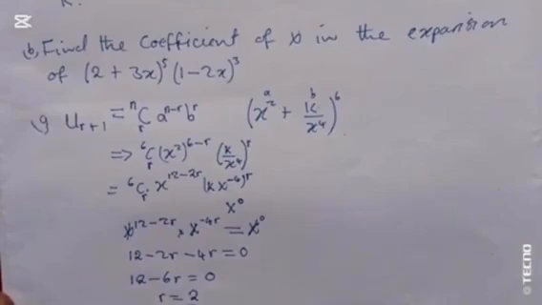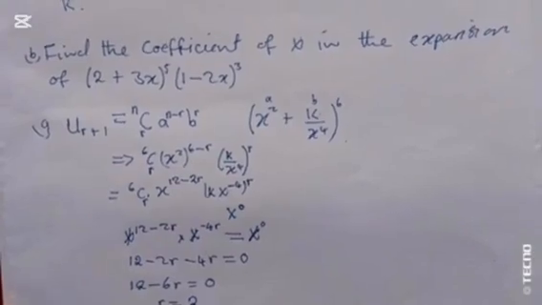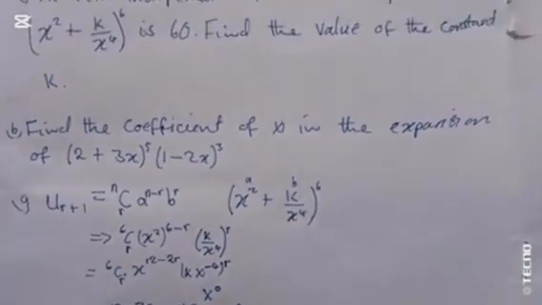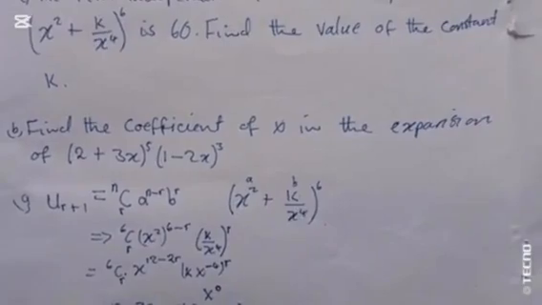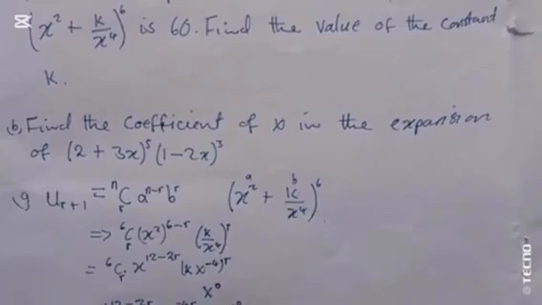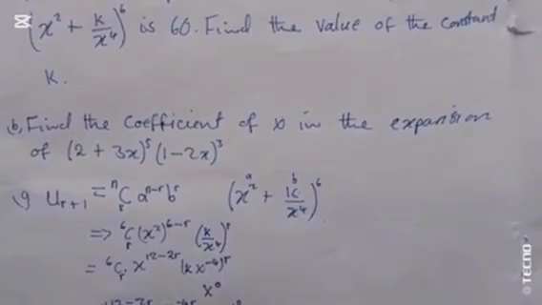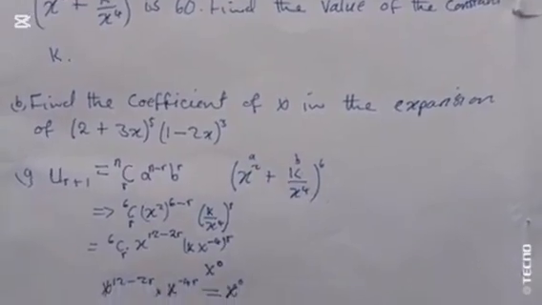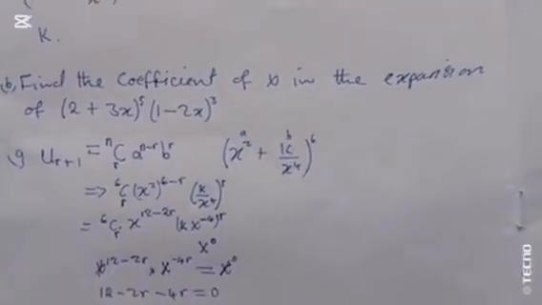And remember, this is not our answer. The answer that we have been asked is to find the constant value of k, this k. But here we've found that our r is 2. So this one will help us to replace where there is r by this 2.